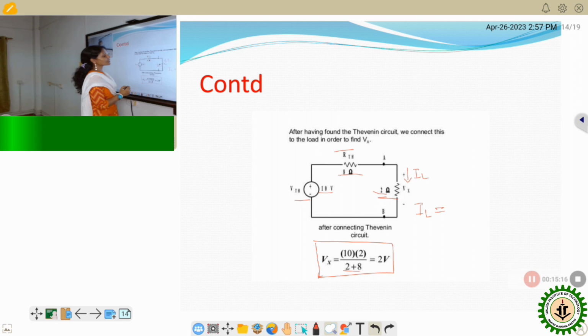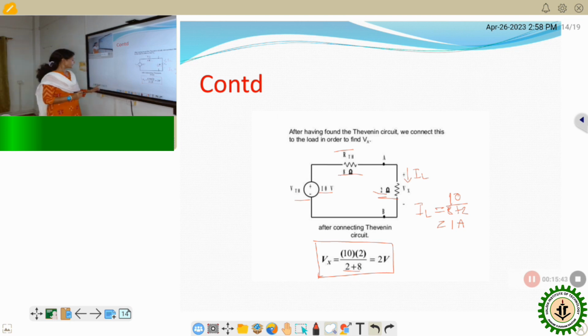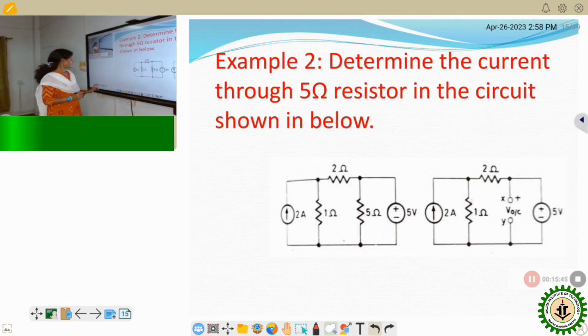IL will be equal to 10 divided by 8 plus 2. That will be equal to 1 ampere. This is the current through the load resistor, and this is the voltage across this load resistor. I think all of you understand how we can calculate this VTH and RTH.